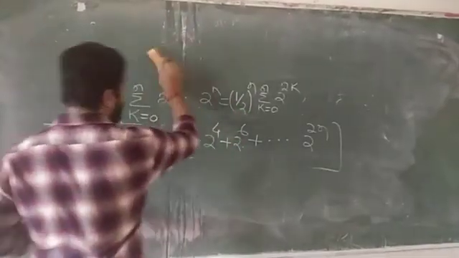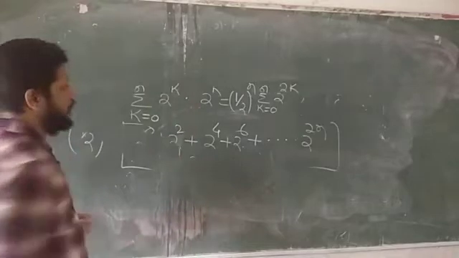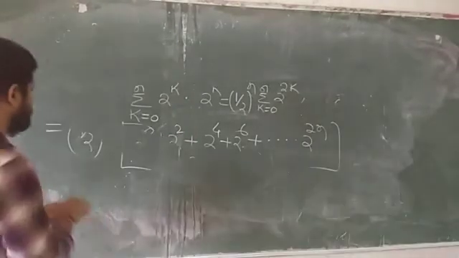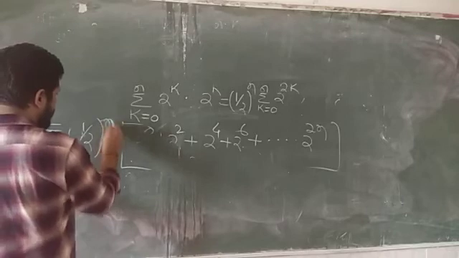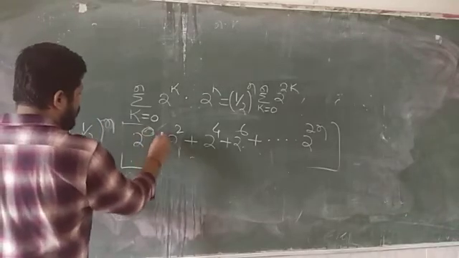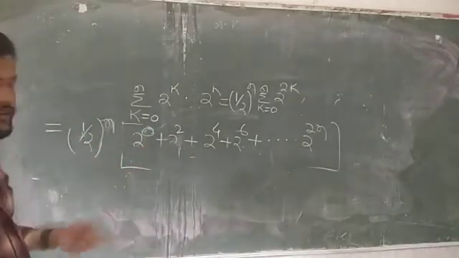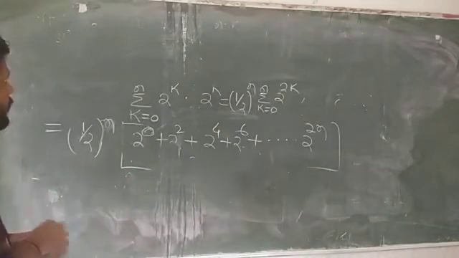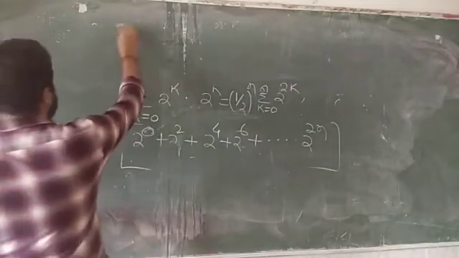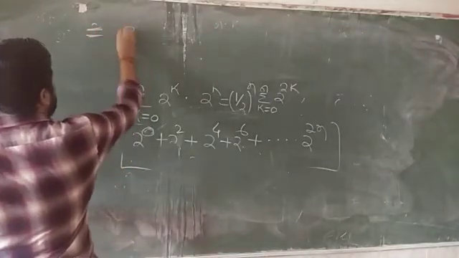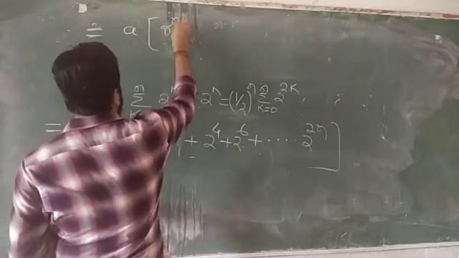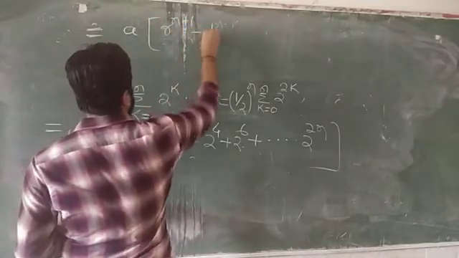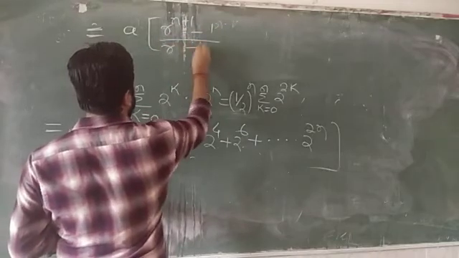And you all know, if a finite series is given that consists of n plus 1 number of terms, then the formula will be a into r to the power n plus 1 minus 1 divided by r minus 1.